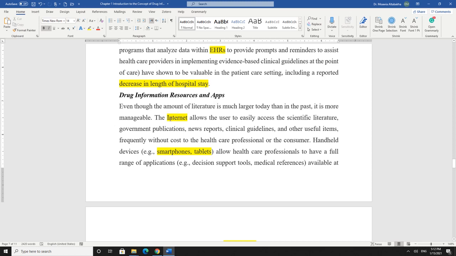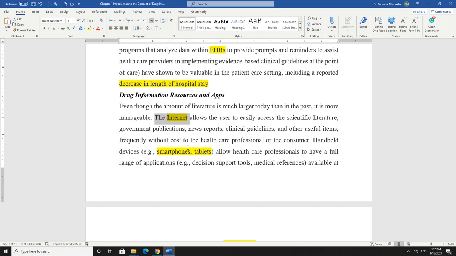Of course, the internet is great. It allows you to easily access scientific literature, government publications, news reports, etc. But as I told you, where do I access it from? If I just do a Google search, that's a problem.